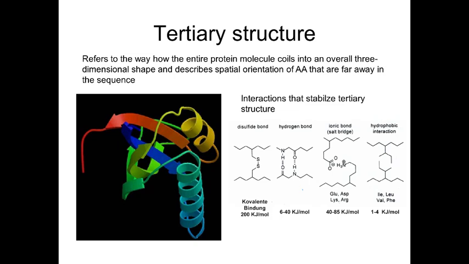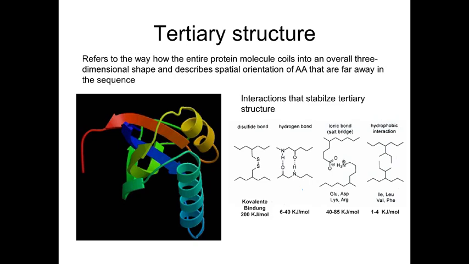This is realized by different interactions that stabilize the tertiary structure. On the one hand, there are covalent bonds, for example disulfide bridges. Then, like in the secondary structure, hydrogen bonds can fix the tertiary structure.